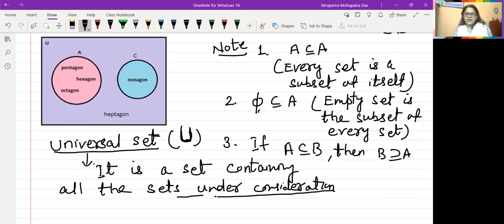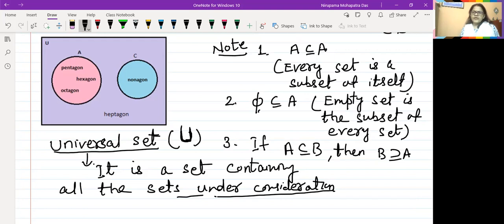So if we write here class 10th set A, class 11 set B, class 12 set C, and so on. As a student of any class is a student of the school, we can take like this. So every class is a subset of the school.